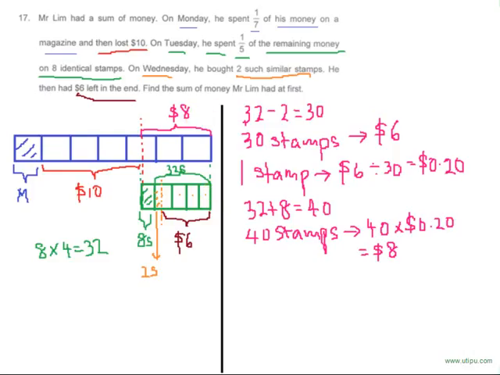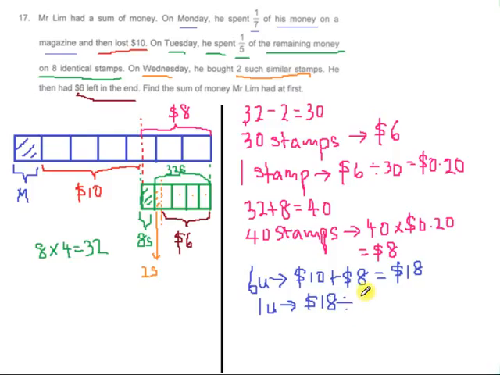So looking at the blue model, you can see 1, 2, 3, 4, 5, 6 units. So the 6 units are equivalent to $10 plus $8, which equals $18. So to find 1 unit is just 18 divided by 6, and that will give us $3.